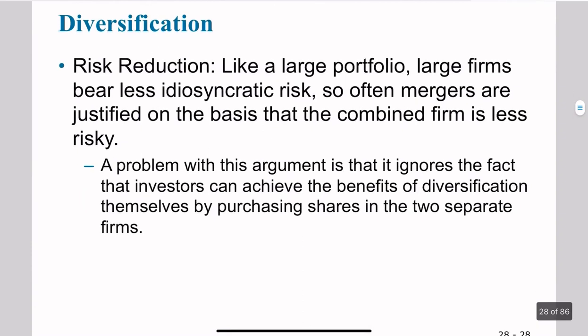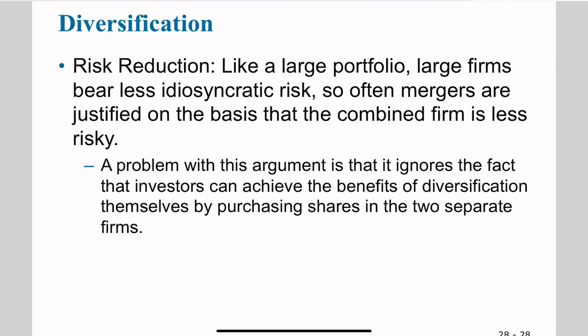Okay, another benefit is diversification. So the argument is exactly the same as the argument we made in Corporate Finance 2. Remember that we discussed diversification. Basically, we're saying that if you put several stocks in a portfolio, then you will have the diversification benefit because stocks have idiosyncratic risks.